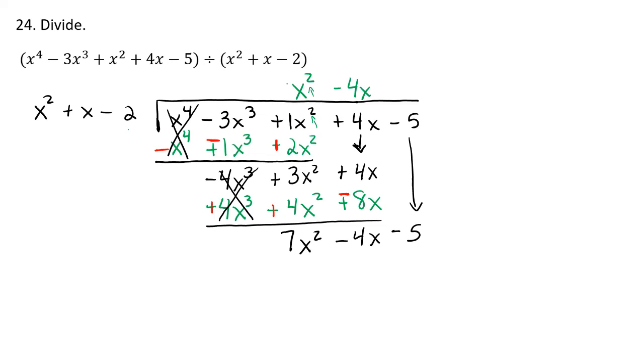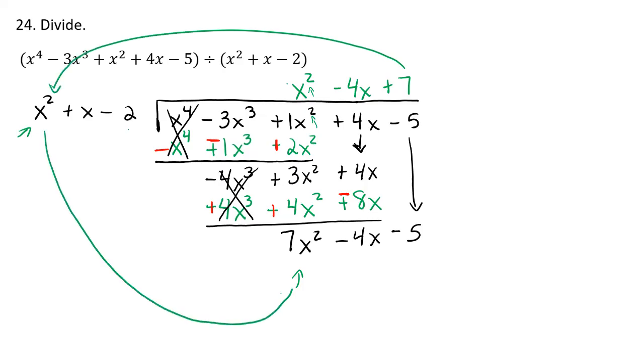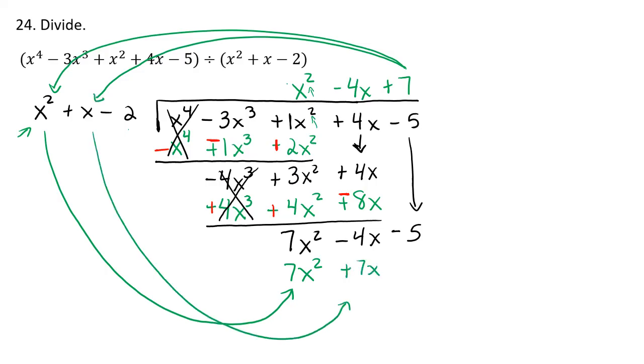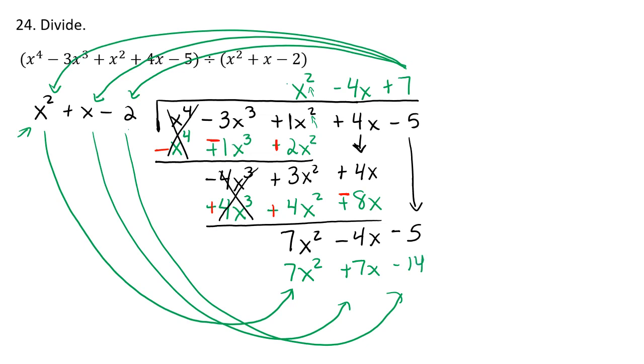I'm going to ask myself the question, what times x squared gets me 7x squared? 7 does. So 7 times x squared gives me 7x squared. 7 times x gives me 7x. 7 times negative 2 gives me negative 14. I've run out of numbers to multiply by.